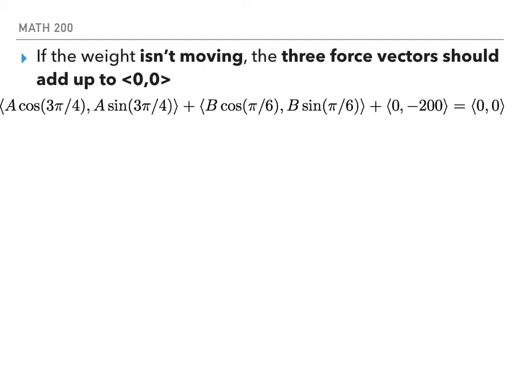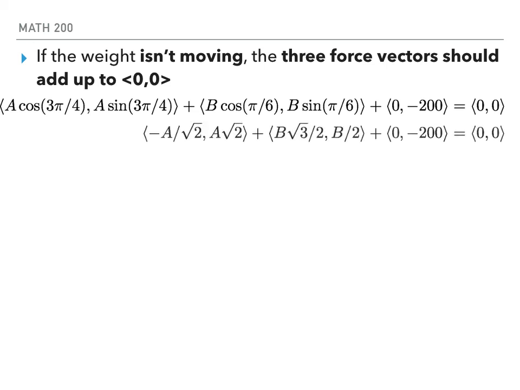We know what those cosine and sine values are, so let's put those in there. Or if you like, you don't have to do it this way, but the constant terms you know, just stick on the right-hand side. So add 0, minus 200 to the right, and you end up with that.